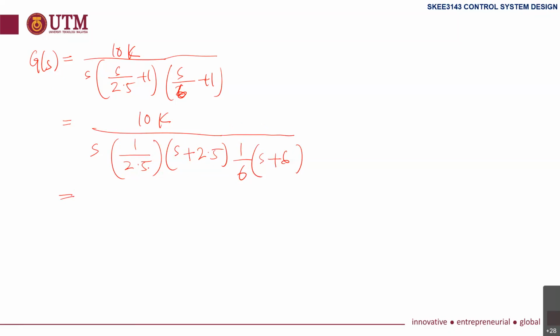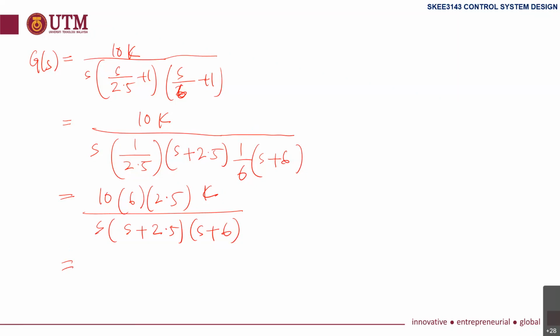Then we have 10 multiplied with 6 multiplied with 2.5, over s, s plus 2.5, s plus 6.